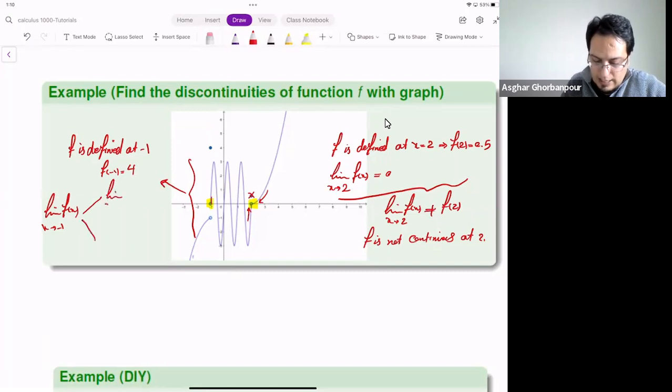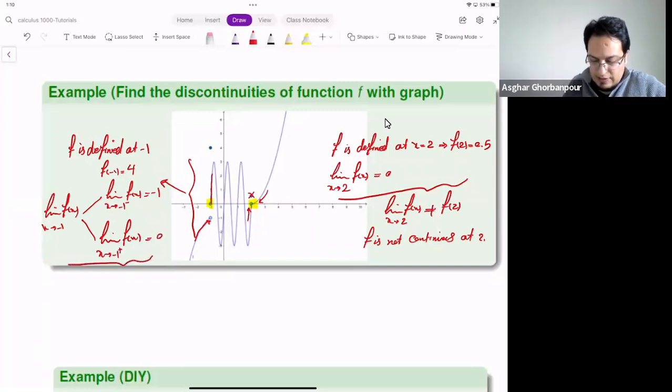When I approach from the left of x equal to -1, I follow this branch here, and it gets closer to -1. And from the right, I'm following this branch, and it gets closer to 0.